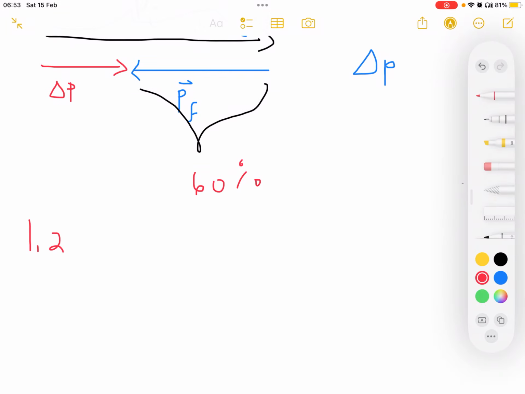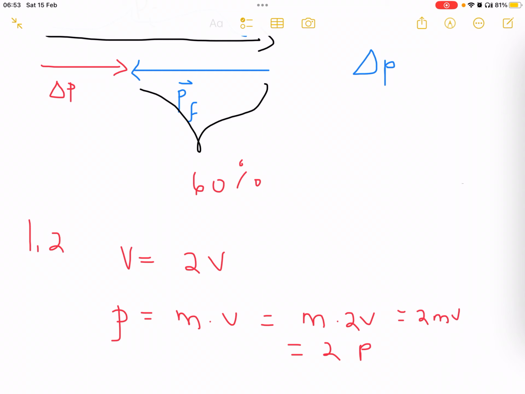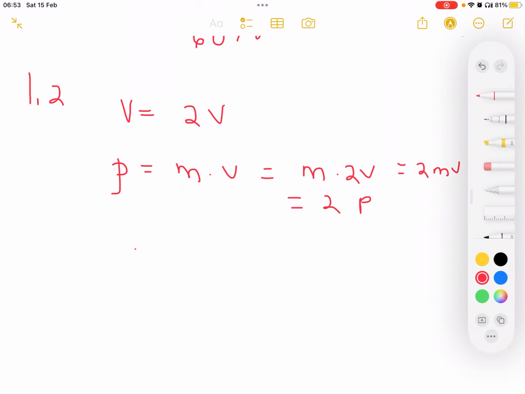Remember, the only thing that has changed here is that the velocity of the body is doubled. So let's put it into terms. In 1.2, we have our velocity being 2v now. So our new momentum will be given by mass times velocity, which is mass times 2v. Therefore, this is 2 times the momentum because it's 2mv. So it changes. Then let's check our kinetic energy. E is half mv squared.